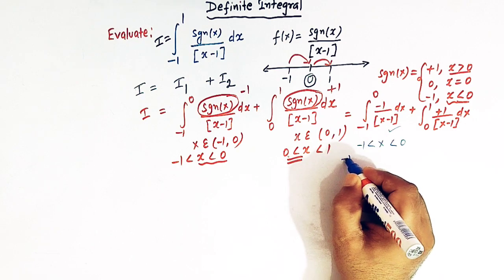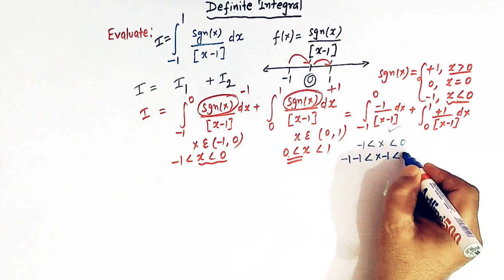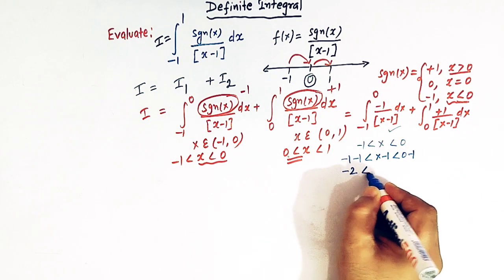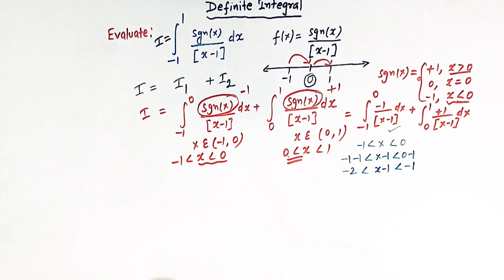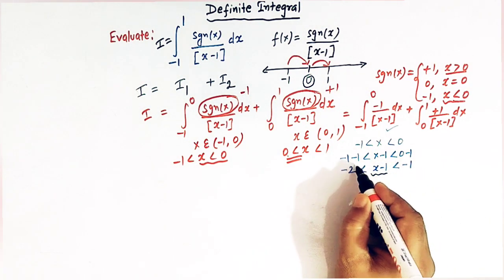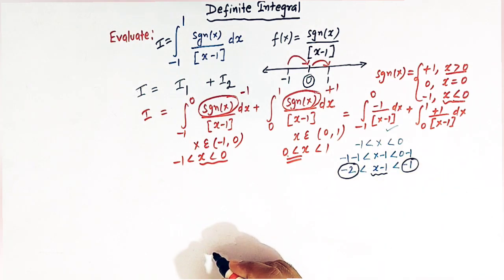So we get minus 1, and here we have x minus 1, and here we have 0 minus 1, right? So we have minus 2, and here we have x minus 1, and here we have minus 1, right? So we see that this x minus 1 lies between minus 2 and minus 1, right?